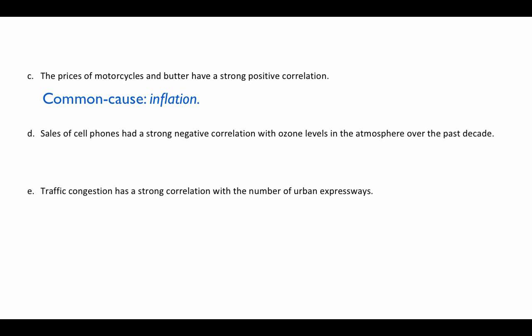If you really dug into it, maybe you could find something there. But on first glance, it looks like they don't have a lot to do with each other. In fact, the manufacture, purchase, and sales of cell phones should probably have a positive correlation with ozone levels, considering their transport and other things like that.